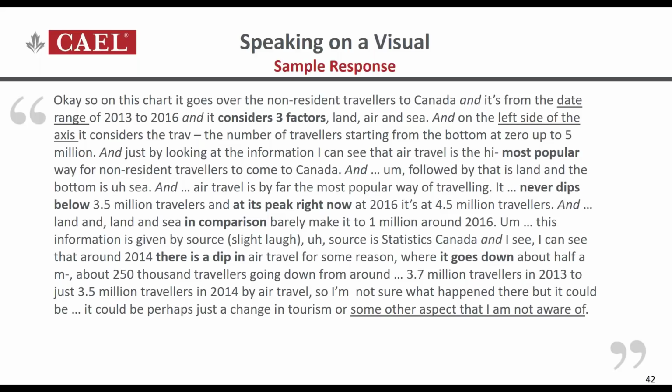Words like considers 3 factors, at its peak right now, in comparison. And so these are good transition words that kind of highlight the differences between what he's talking about. And so it's easy to understand what he's saying. And logically, he moves from one point to another point.